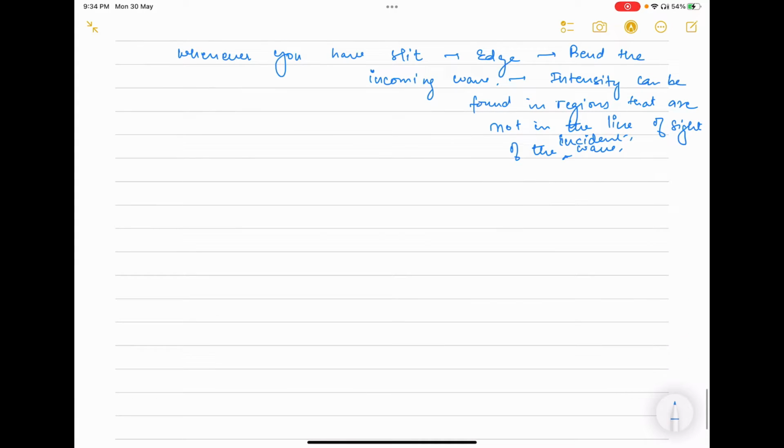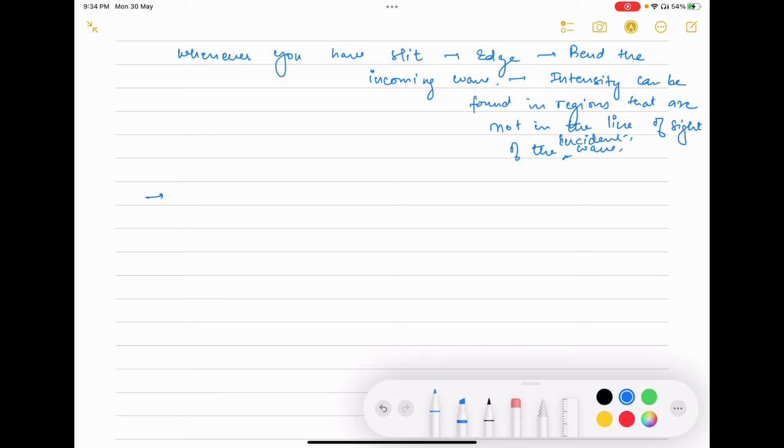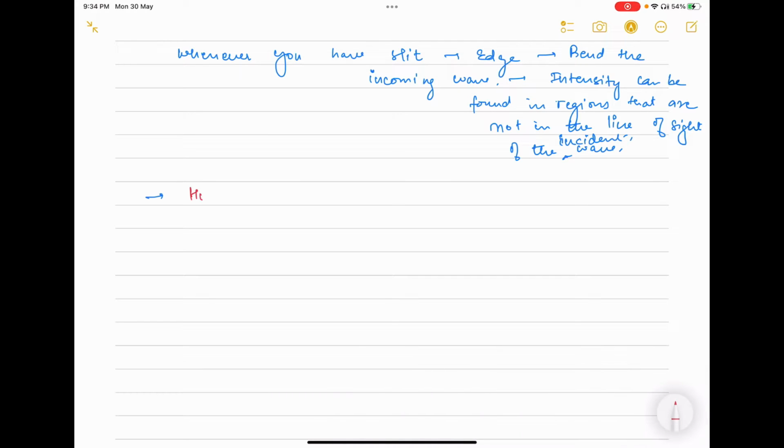One of the methods to understand this is Huygens wavelet construction. This is one of the ways to understand the formation of intensity in the geometrically shadowed regions.